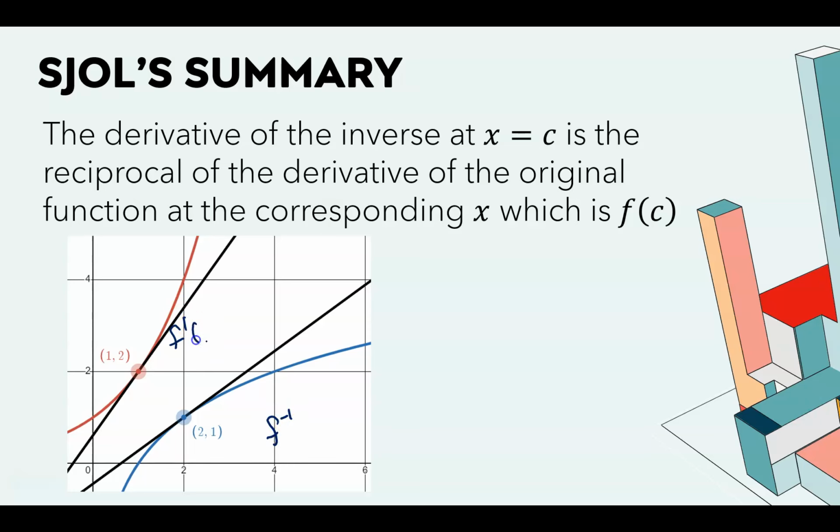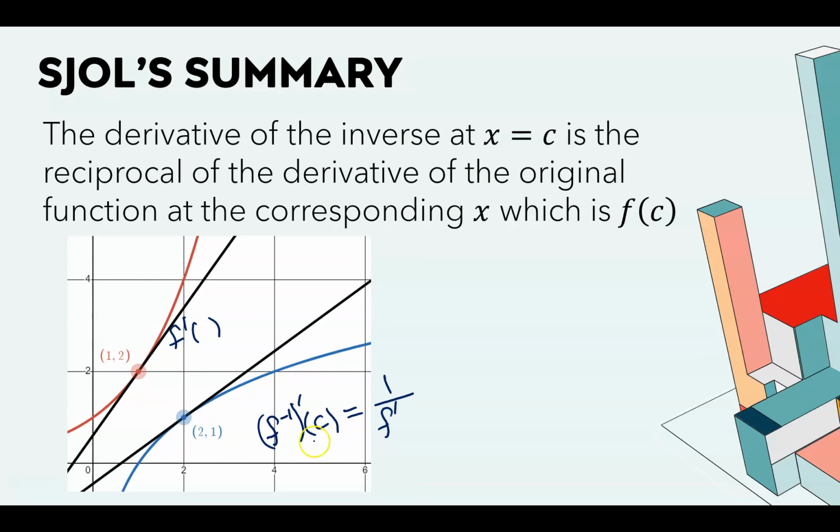Okay, so this is f prime of something, and this is the inverse of f prime at somewhere. So the derivative of the inverse at x equals c is the reciprocal of the derivative at the corresponding x, which is f of c.